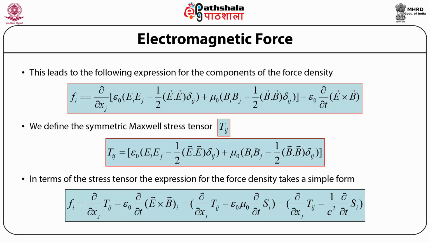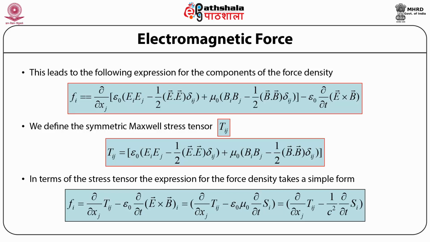And this can be written as equal to the partial derivative with respect to the jth component of the position x_j of the Maxwell's stress tensor T_ij minus mu naught times epsilon naught times the partial time derivative of the ith component of the Poynting vector S_i.